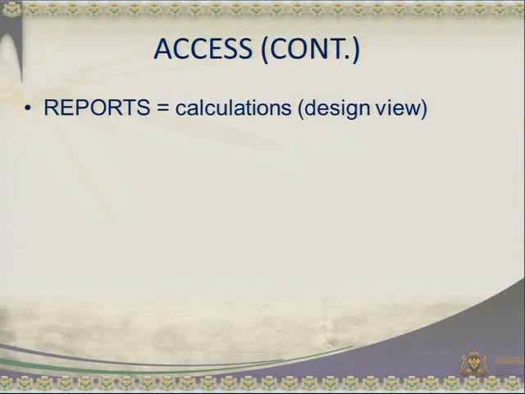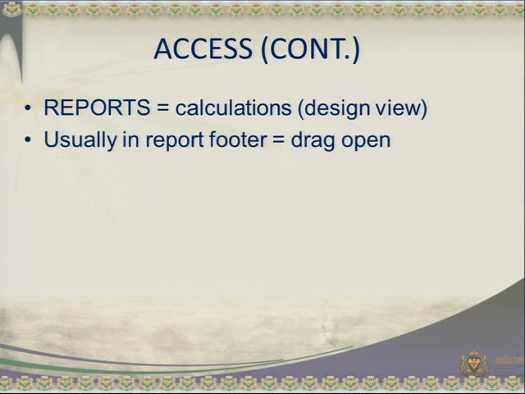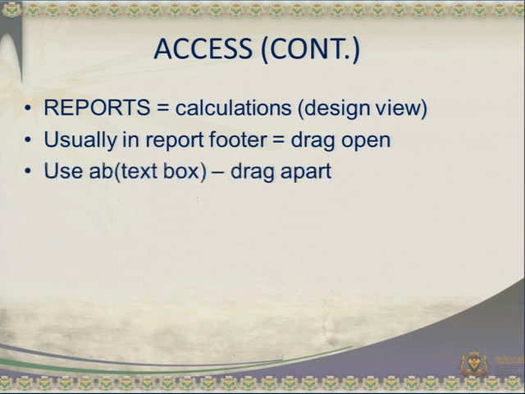Then when we go on with Access, we also come to the reports. And here also the calculation seems to be the thing that children struggle with. Remember, a calculation is usually done in the report footer, and that is the very last one in the design view, and it means that you have to go and drag it open.